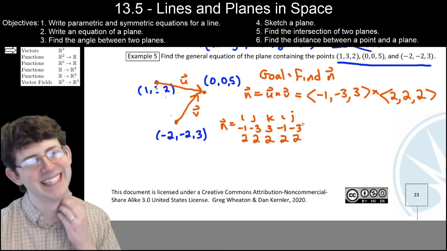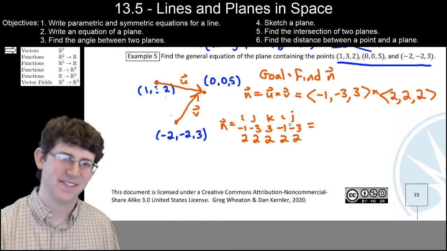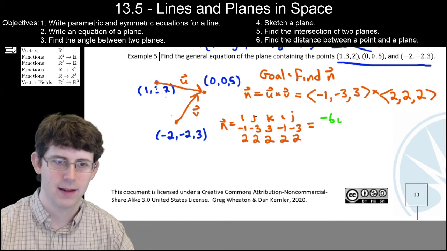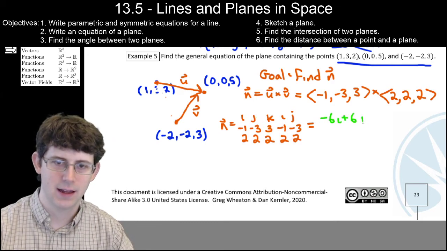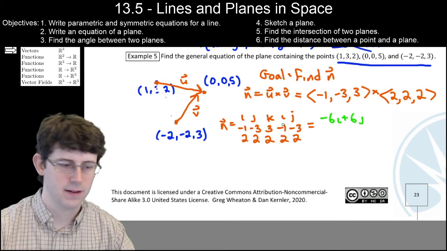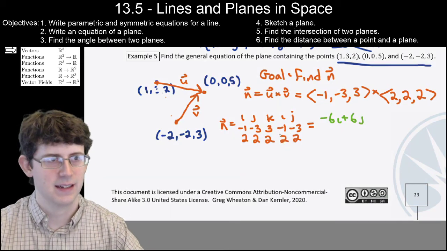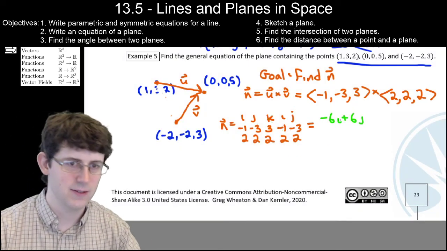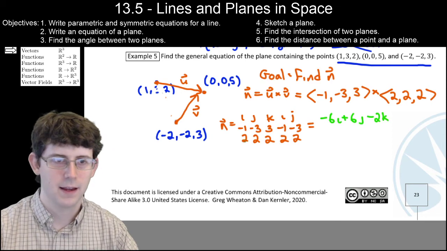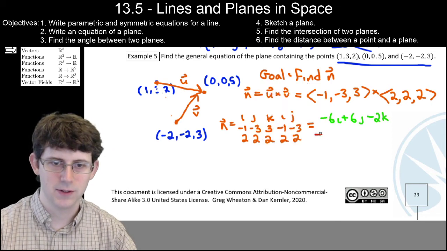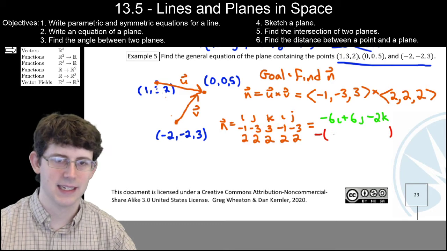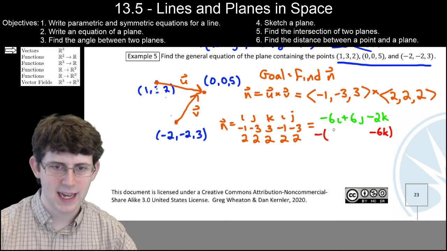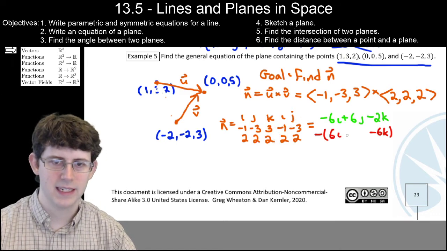All these 2's. Okay, in the forward direction, I get -6i, 6j, and -2k, and then in the backwards direction, so I'm going to have to subtract all this, I get -6k, 6i, and -2j.